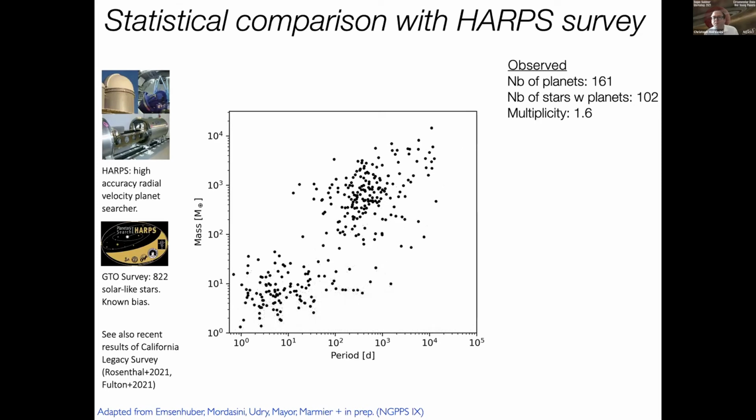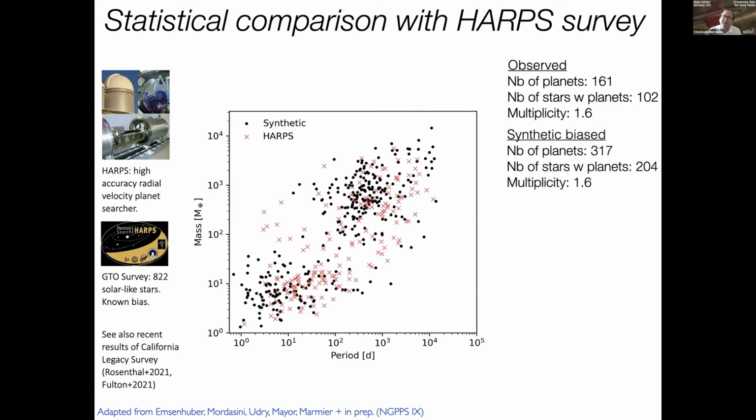Now we see what HARPS would have discovered if it had observed our new generation planetary population synthesis. We can again overlay and count. We see that we would have discovered about 370 planets around 204 stars, also a multiplicity of about 1.6.